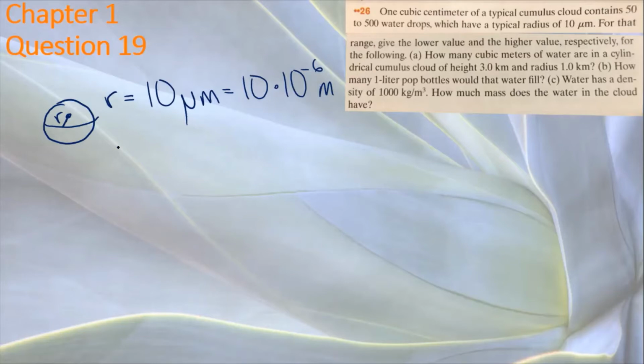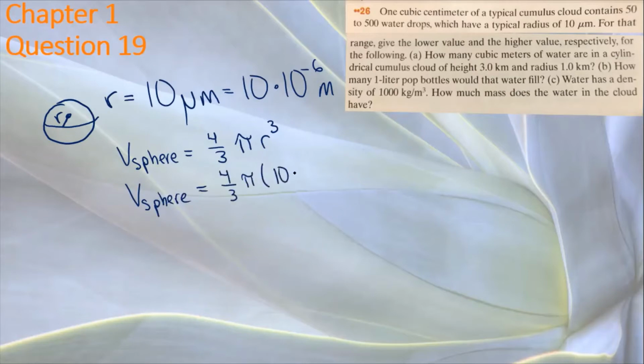So the volume of a sphere is defined as 4/3 times pi r cubed. Now we know that r is 10 times 10 to the negative 6th meters, so we can calculate the volume of the sphere to be 4/3 pi times 10 to the negative 6th cubed.